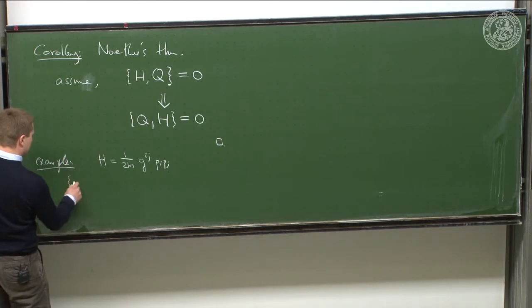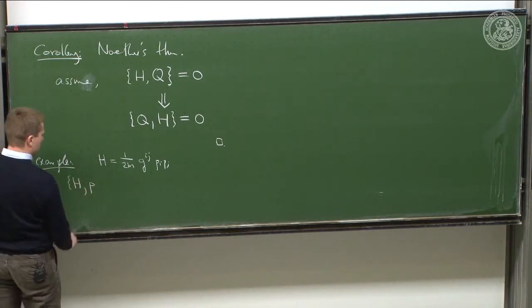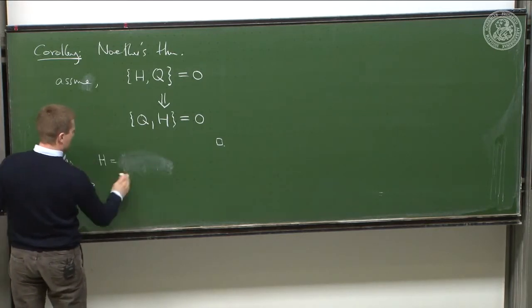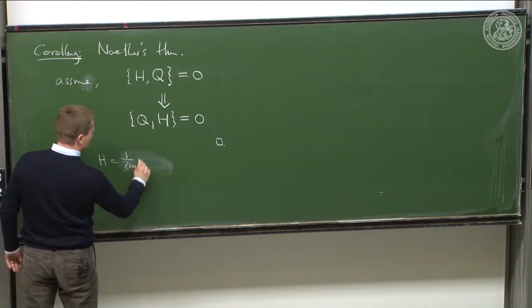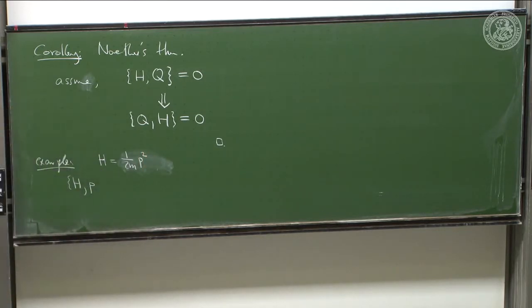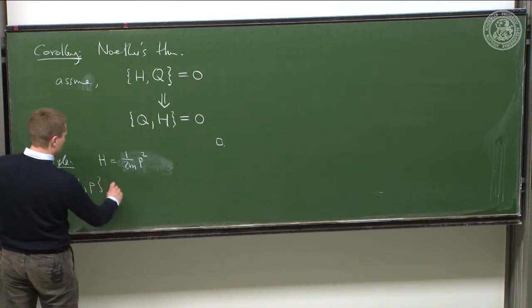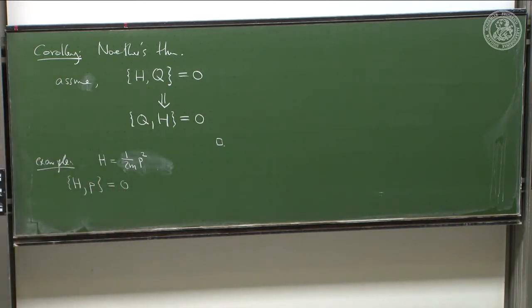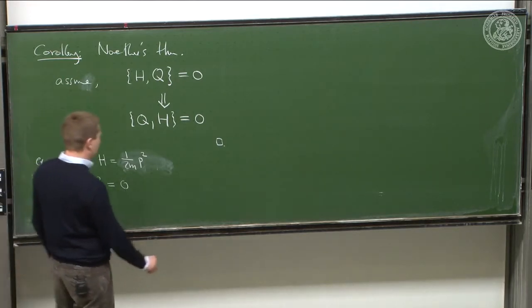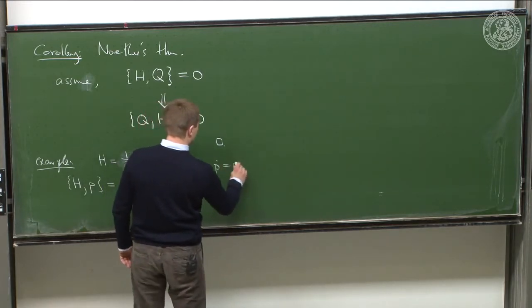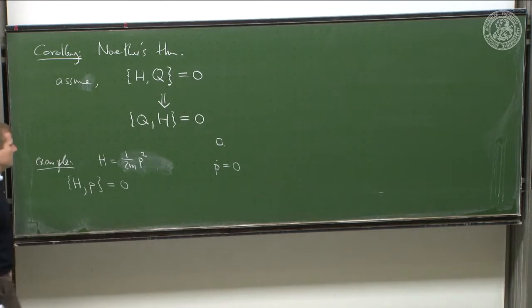Now we can calculate h comma p. Okay, let's not make it too complicated. Let's do it in one dimension with our one-dimensional example. 1 over 2m, and this p is being squared. There is only one p. And now let's calculate h with p. It's obvious that this is 0. We could go through the motions. And that means that p doesn't change in time. It means p dot, if I consider a curve, is 0. It doesn't change in time.